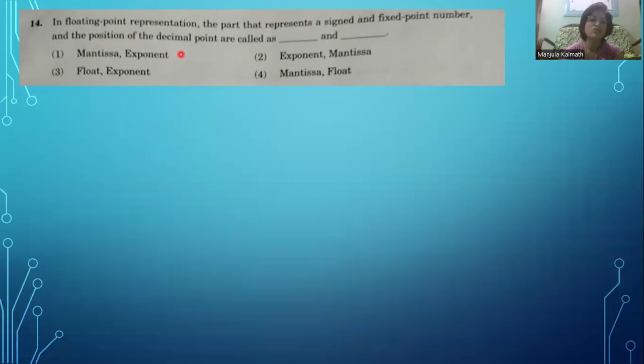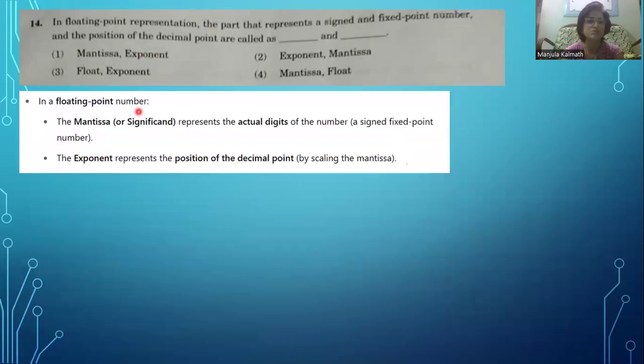Here the options are mantissa exponent, exponent mantissa, float exponent, mantissa float. So here it is the mantissa and exponent. In a floating point number, the mantissa represents the actual digits of the number and the exponent represents the position of the decimal point.